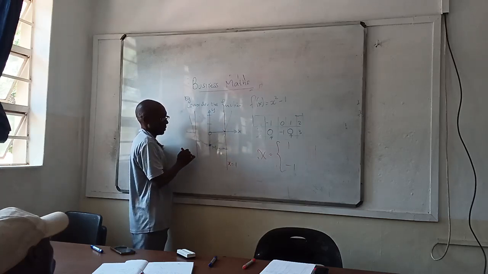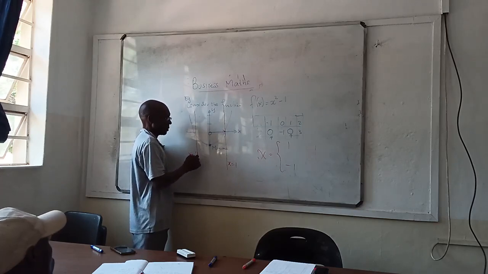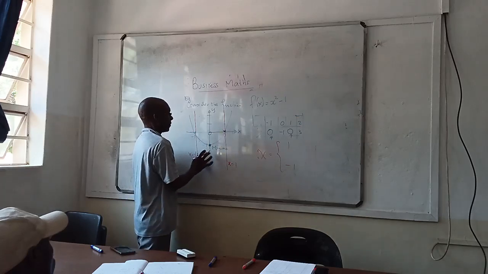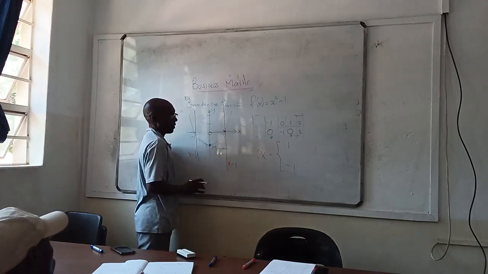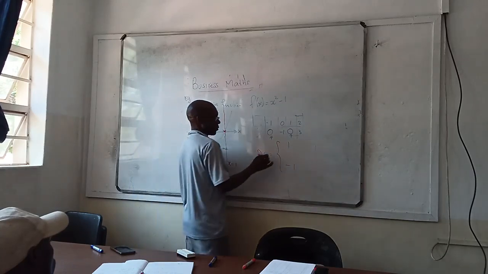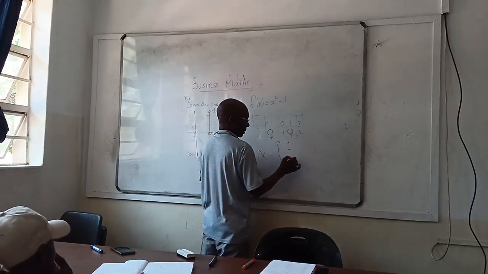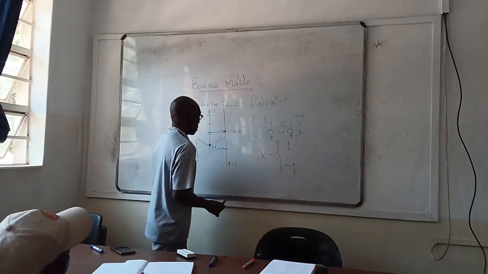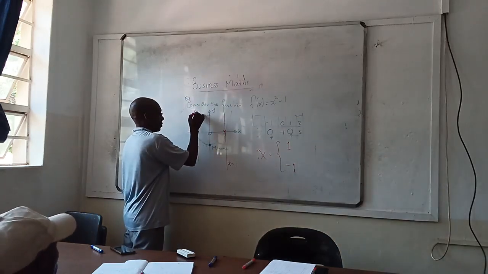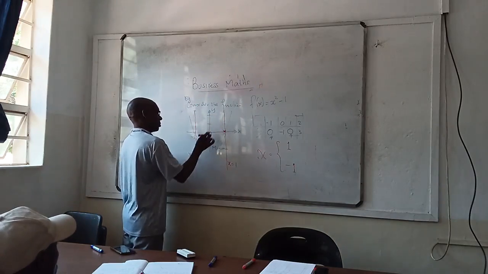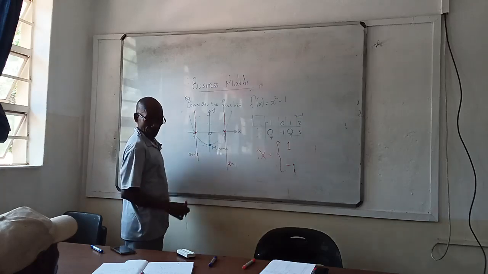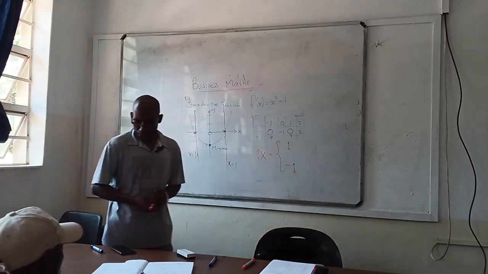What is changing are the values of y, but the value of x remains the same, 1 and -1. So it is passing here.